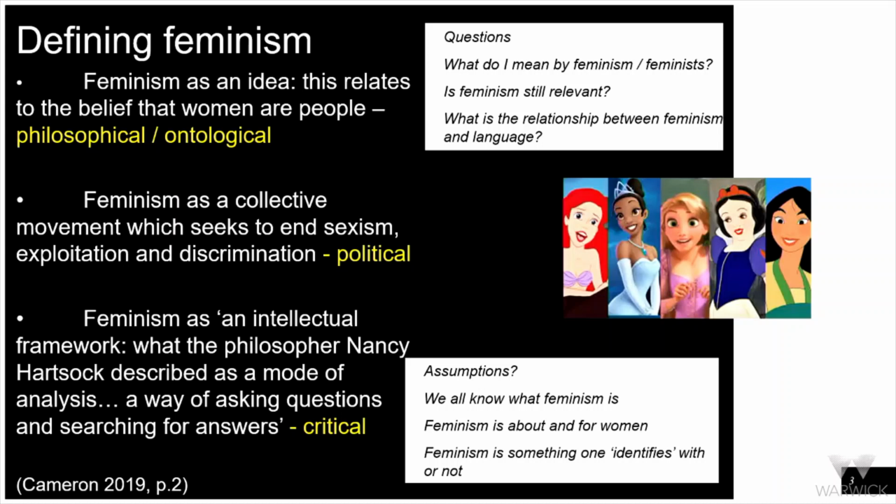So feminism as an idea, and this is a philosophical and ontological position. This relates to the belief that women are people, which is the basic premise. Feminism as a collective movement which seeks to end sexism, exploitation and discrimination, and that's its political meaning.